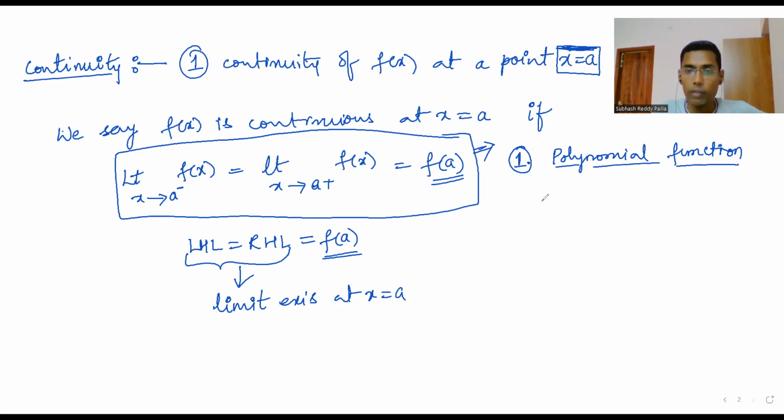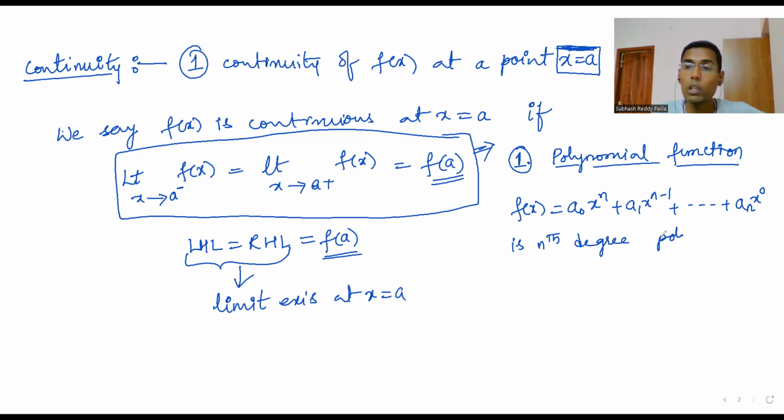You know that f of x equals a0 x to the power of n plus a1 x to the power of n minus 1, plus a2 x to the power of n minus 2, and so on up to an x to the power 0. This is an nth degree polynomial function, where n is a natural number. This is always continuous everywhere.